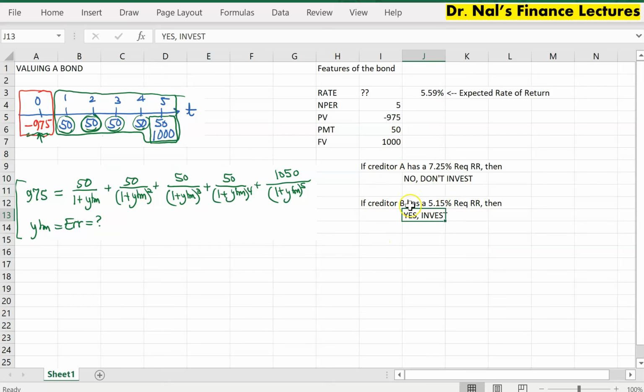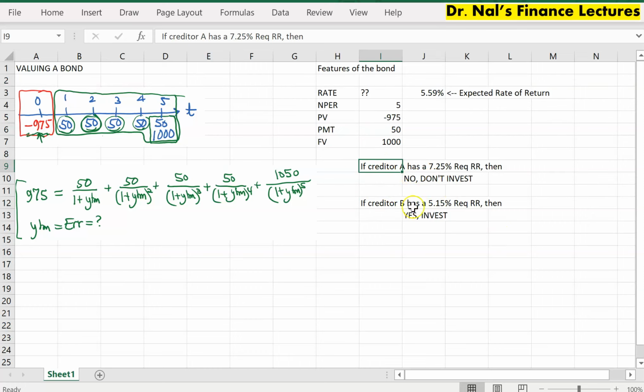So they need to give an answer based on a comparison with what the bond is promising. So this is the promise of the bond. The bond is promising 5.59% return to any investor who purchases this bond. Now it is the creditor or the investor's turn to make a decision.